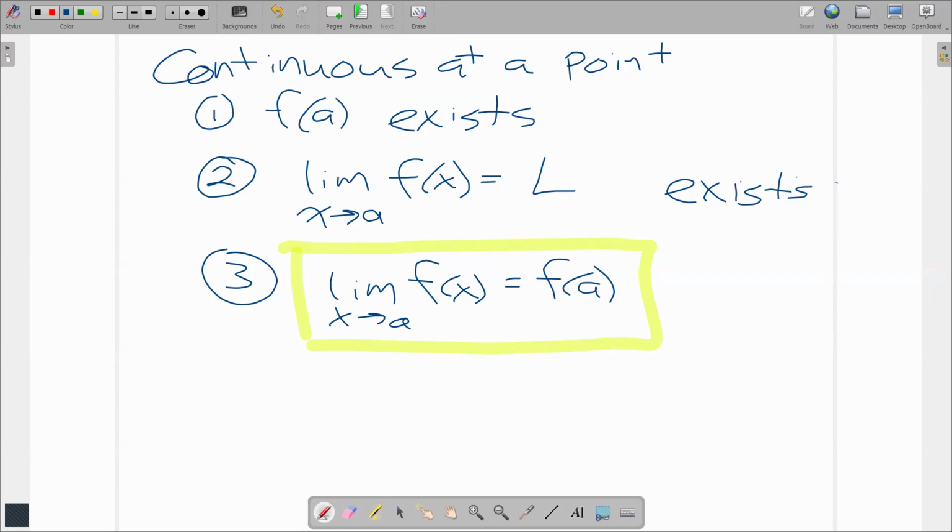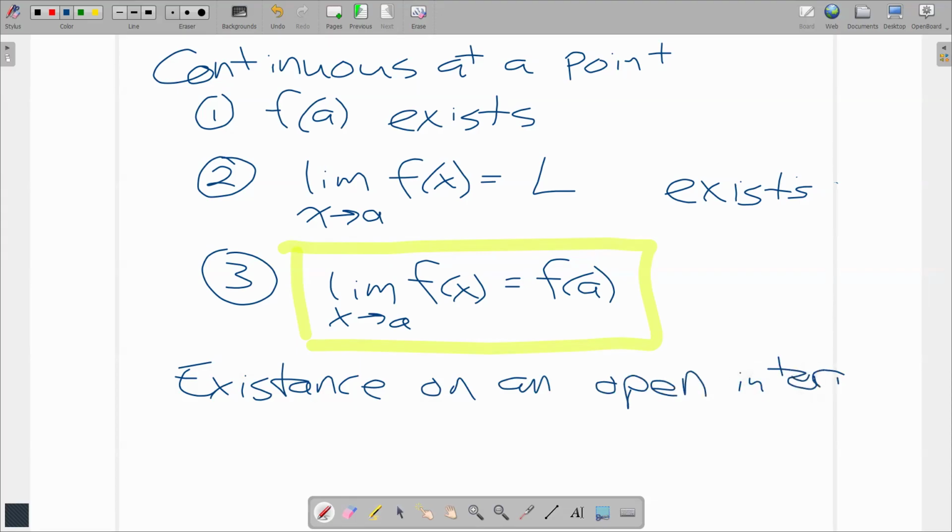So that's just a single point. When we draw a function, we draw a ton of points, right? Dragging our pen across the screen or across our paper. So to talk about more than just a point, we talk about continuity on an interval, and generally we talk about an open interval. That would be something like from x equals a to x equals b on a number line.